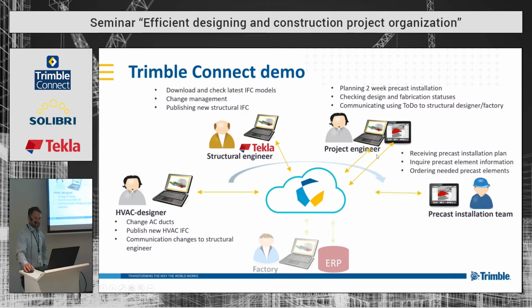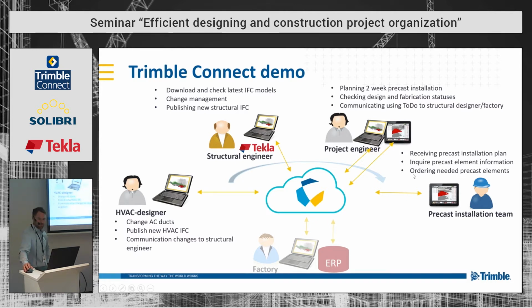Then we jump to the construction site where the project installation team can receive, for example, this to-do of what is the plan to install today. And then using the status tool and the to-dos, he can check and make sure that everything is needed, and check what the information is for the planned precast element that is planned to install.